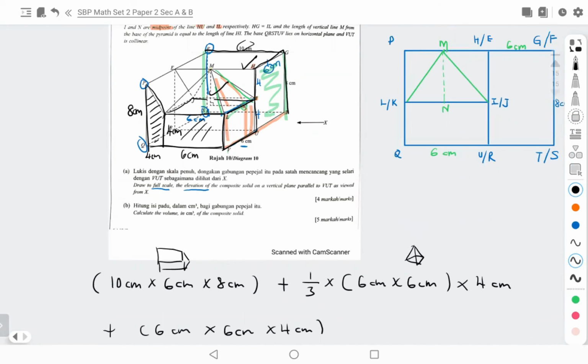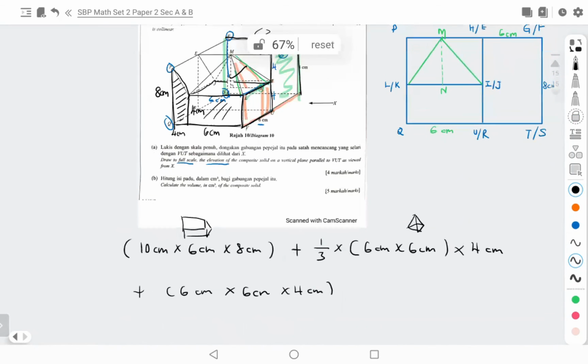Okay, trapezium prism. So plus 1/2 times the sum of parallel lines, which is 4 plus 8, times the height of the trapezium, then times the length, 6 cm. You must be familiar with all the formulas, only then can you do it. Okay, now you can total up, then you will get the answer.